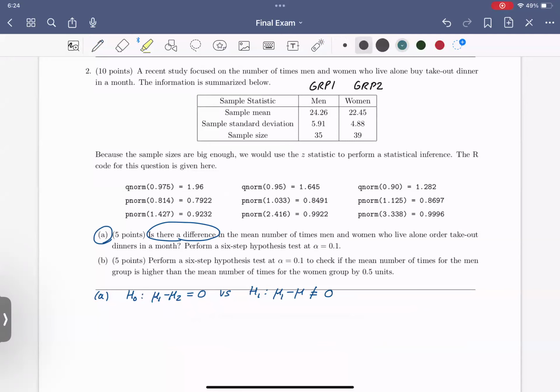Because in part one, they want to know if there is a difference in the mean number. So it's going to be something like this, because the question of interest is whether there is a difference. And then what you're going to do next is perform the six-step hypothesis test. All right, so that's step number one.